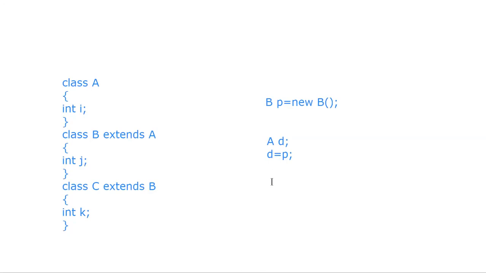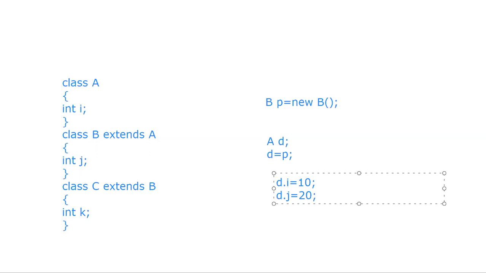For example, I wrote a statement something of this kind: D.I equals 10. It's valid, it does not report any error. But when I write D.J equals 20, I am trying to access J, and it reports an error.